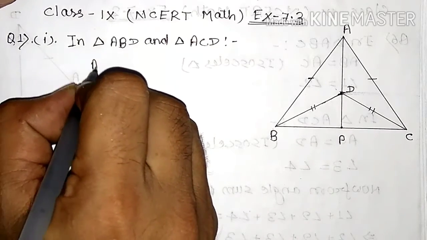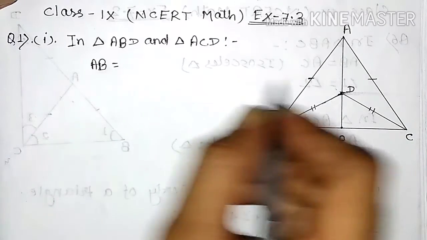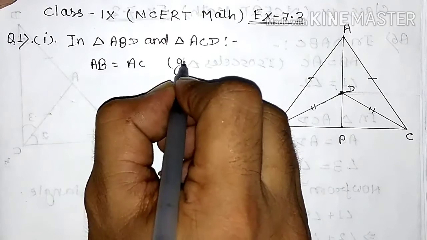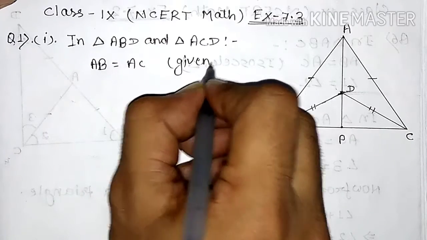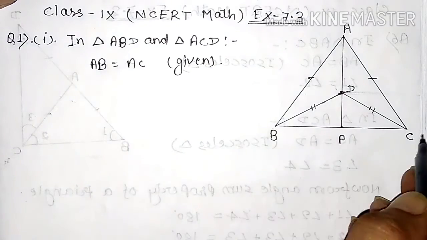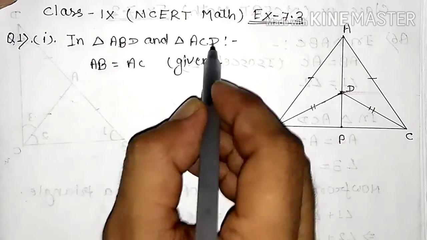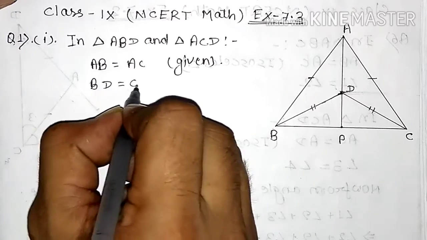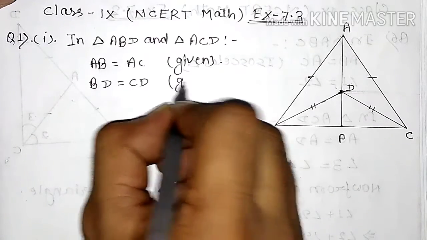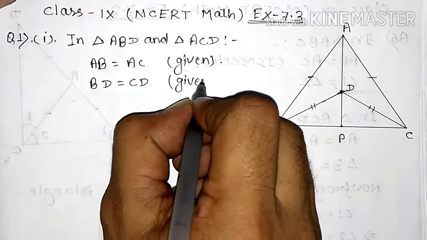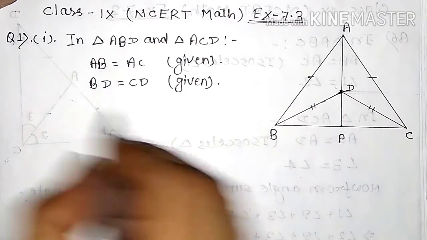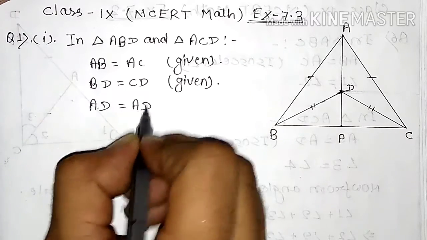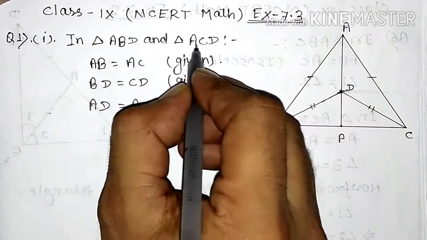AB is equal to AC, it is given, and BD is equal to CD, it is also given, and AD is common. AD is equal to AD.